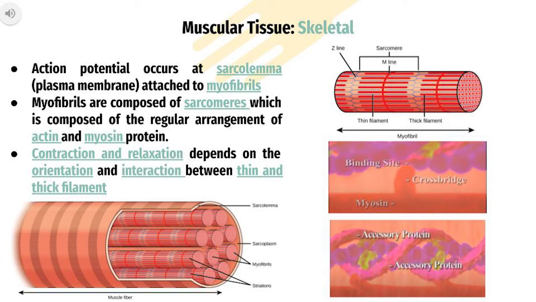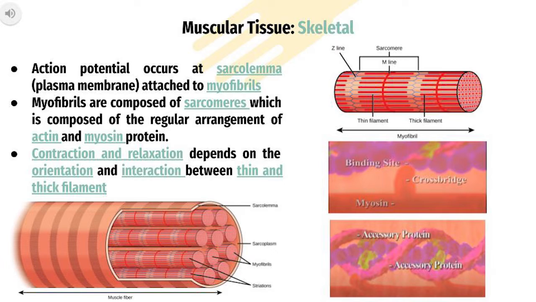But the more interesting question is, how does this muscle tissue contribute to how the hands are able to do all sorts of movements? One thing we need to remember is that cell-to-cell communication occurs via action potential, which occurs at the plasma membrane of the muscle cell, more known as the sarcolemma. So nerve impulses transmitted from the nervous system can either cause this tissue to contract or relax.